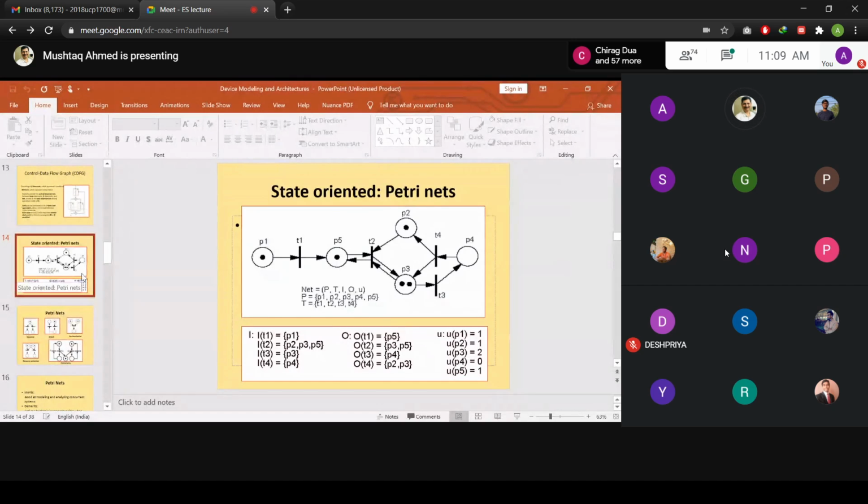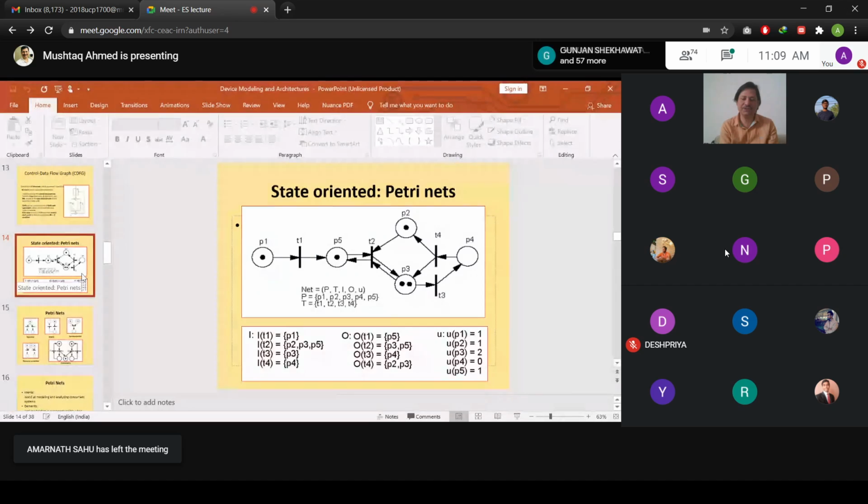Okay, and similarly there are various types of conditions available here. You can see that the input state for T1 is P1, which consists of a single token. Input state to T2 is having P2, P3, and P5. So these are all those inputs.